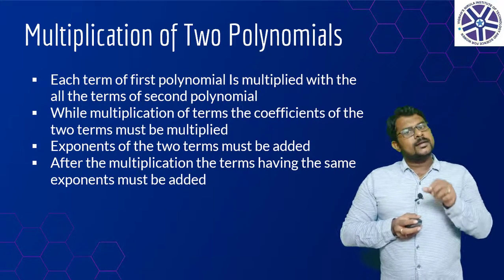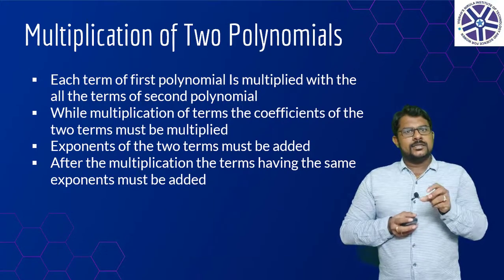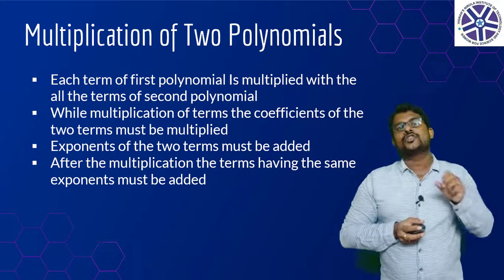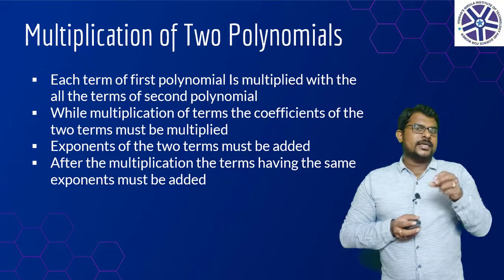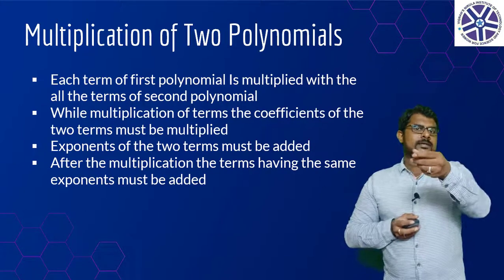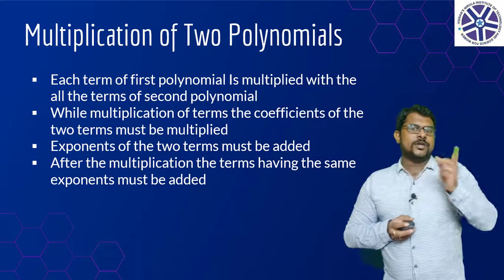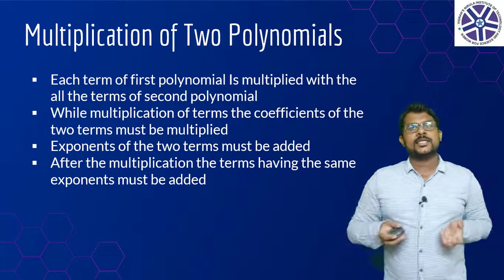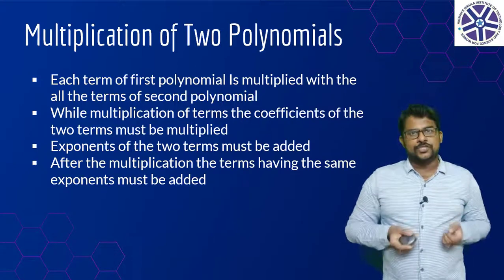Okay, so after the multiplication, the term which you have obtained has to be added back to the result. So in the result, if you have the same exponent as the obtained term, then you have to add it to the previous result. So this is the logic behind multiplication of the polynomials.